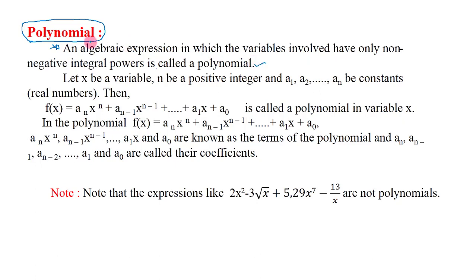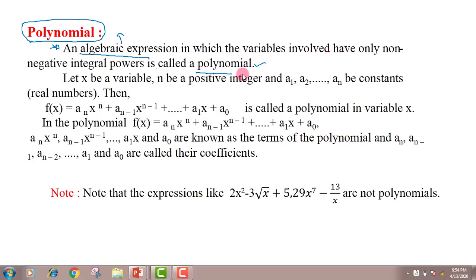That means a polynomial is an algebraic expression, and certain types of algebraic expressions are said to be polynomials. Which types? The algebraic expressions whose powers of variables are non-negative integers.